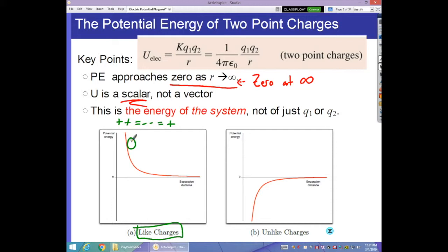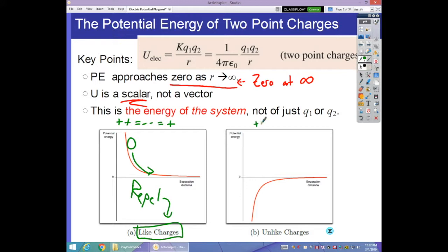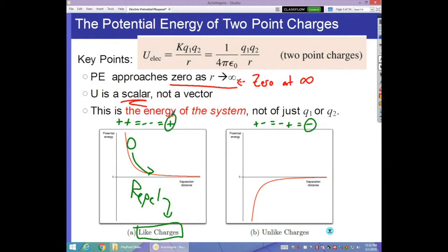If I put an object on this hill, it's going to want to roll down and away, which is to say that like charges repel each other. If I have unlike charges, on the other hand, a plus times a minus or a minus times a plus, I end up with a negative total potential energy. And if I put an object there, it wants to fall in. So this is another way of saying that these potential energies also confirm for us the fact that like charges repel and unlike charges attract.